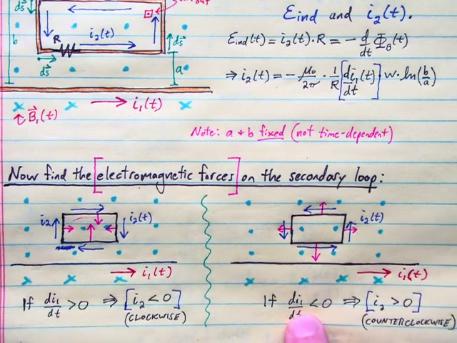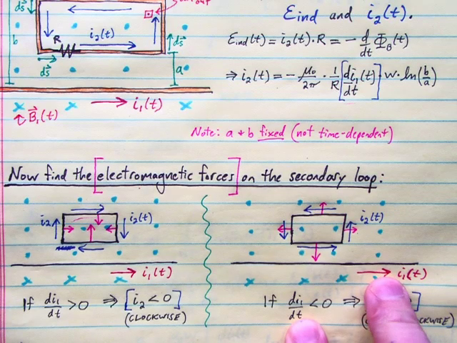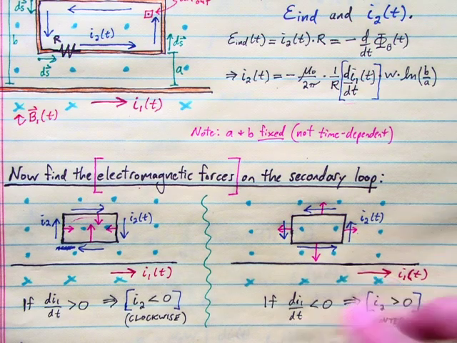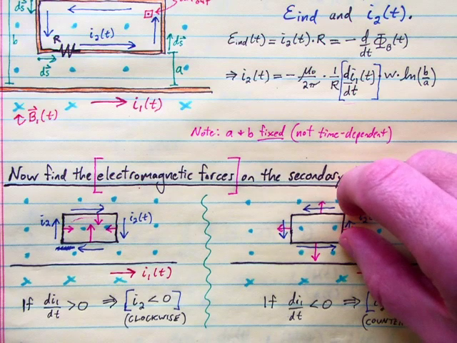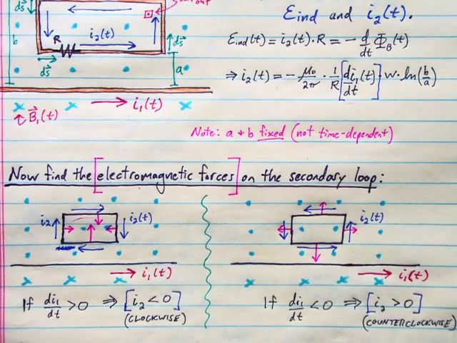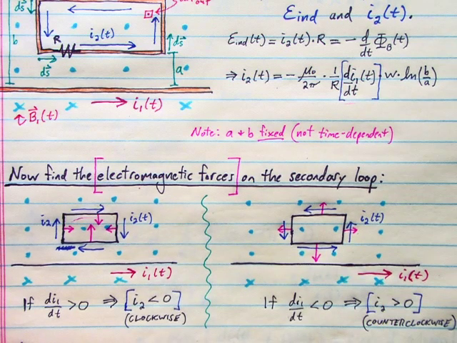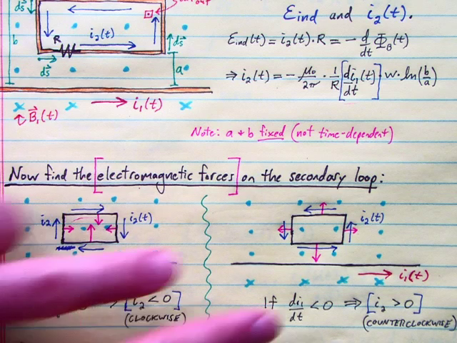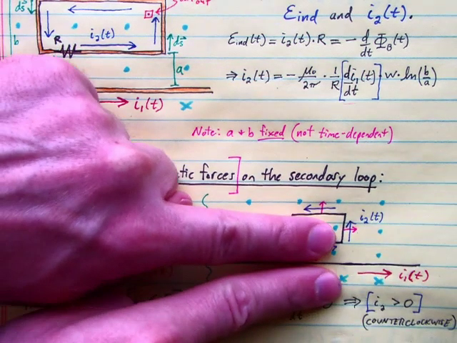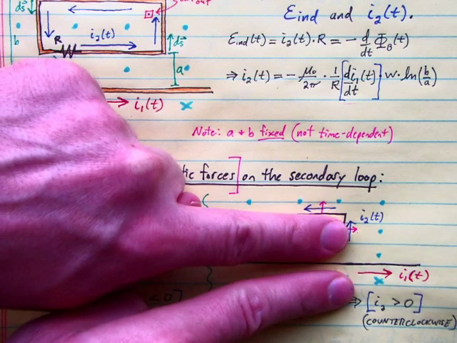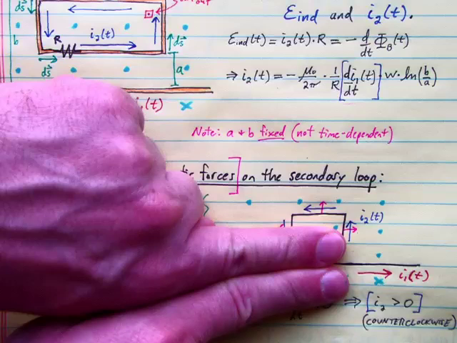So as we turned down the current in the primary, as we diminished that current, our secondary would be pulled in towards it. And again, that makes sense. If we look at the nearest segment of wire to the primary, we've got two parallel wires carrying current in the same direction, and we know that those two wires would attract each other.